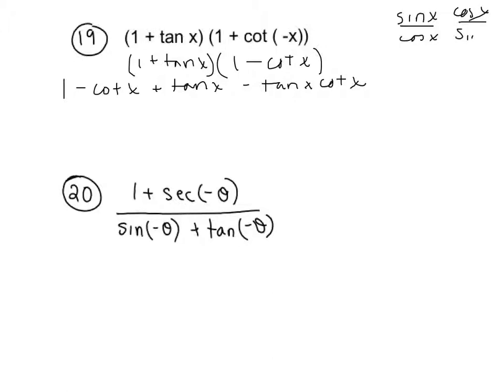So if you multiply those two together, you just get 1. So I have a 1 here minus a 1 here, so I'm going to end up with negative cotangent x plus tangent x. And that's it. You're done.